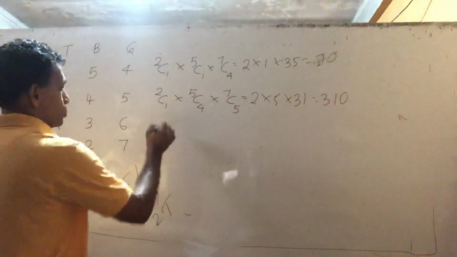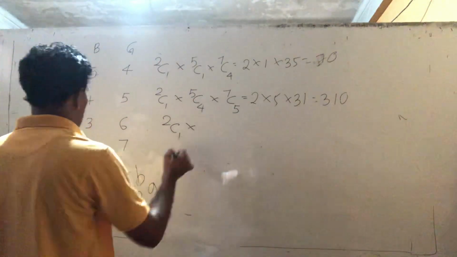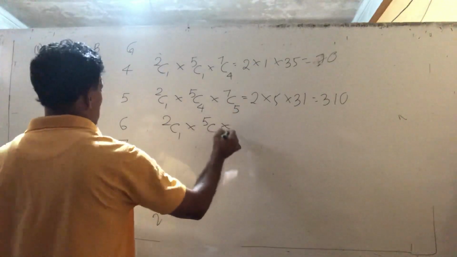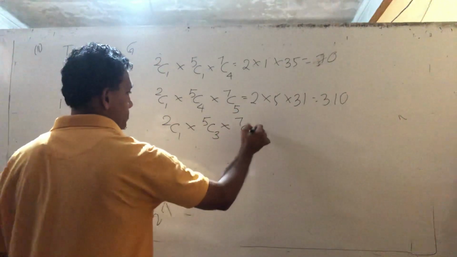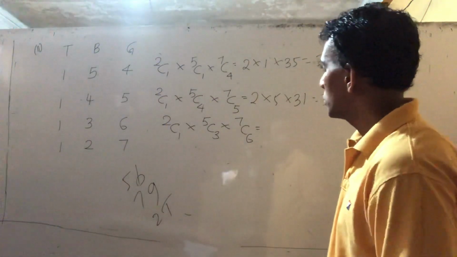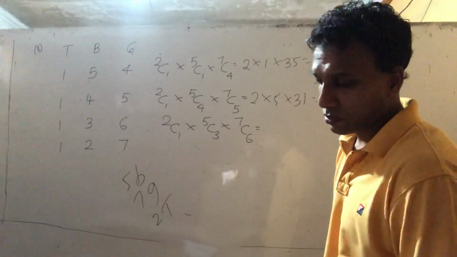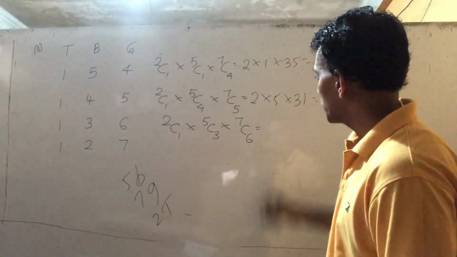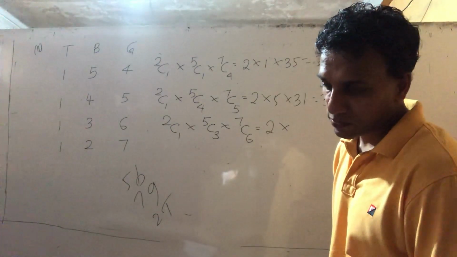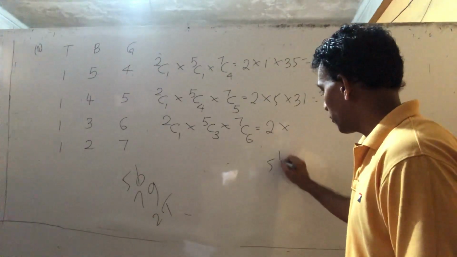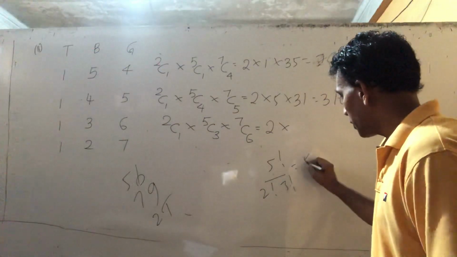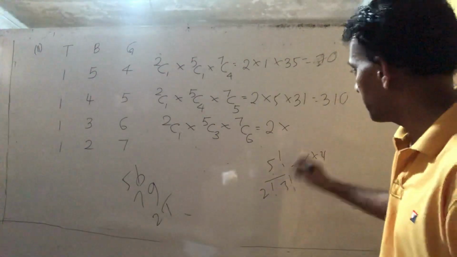Next one, 2C1 here, 5C3 here, 7C6. Okay, 2. 5C3 answer: 5C3 is 5 factorial over (5 minus 3) factorial, 3 factorial. 5 into 4, cancel, simplify, 10.